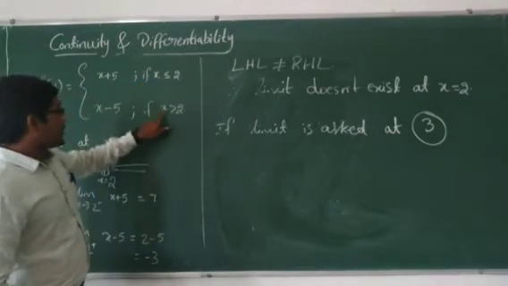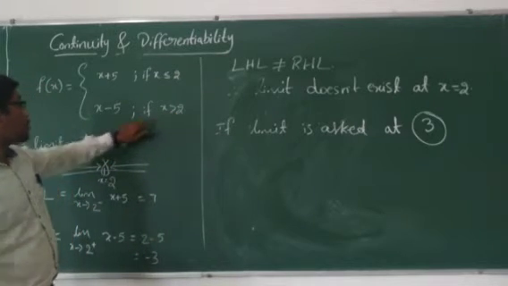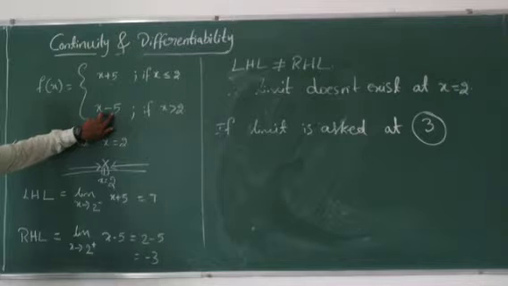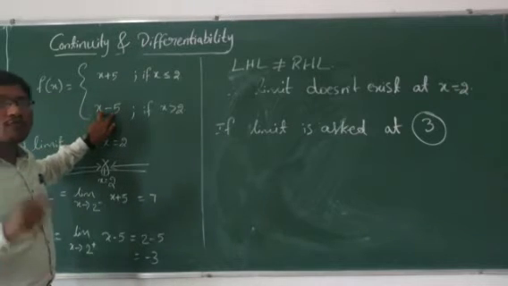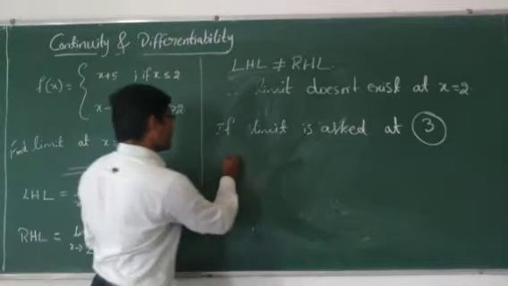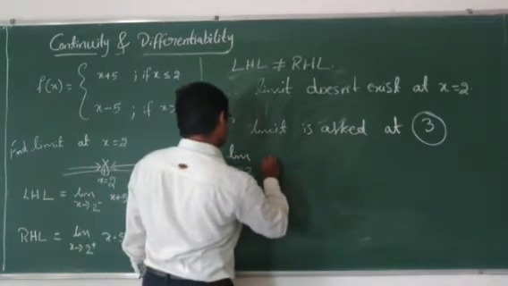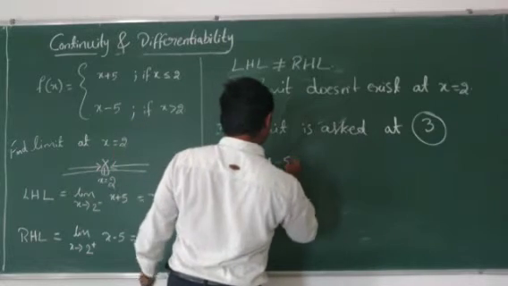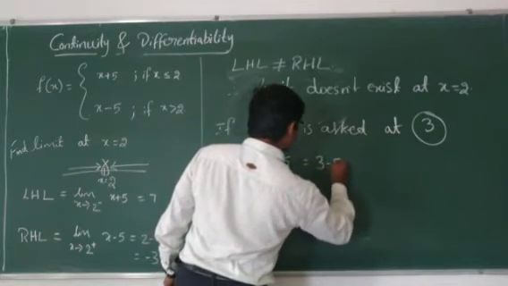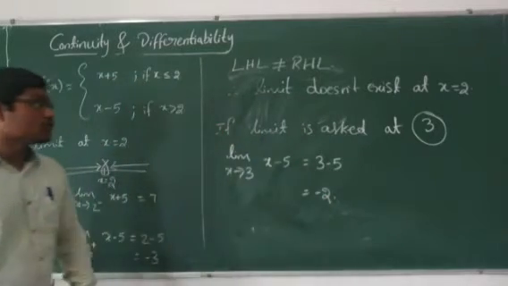At 3, greater than 2, the 3 will come in this interval, so we have only one function. At 3 we have only one function, then we will consider only x minus 5. Limit x tends to 3, x minus 5, which is equal to 3 minus 5, which is equal to minus 2.